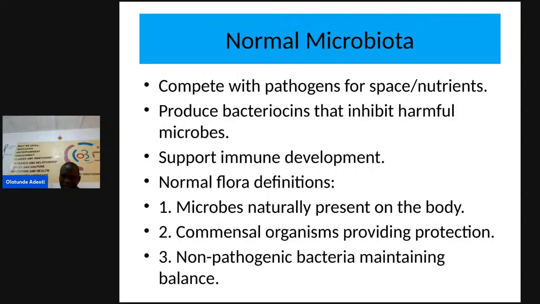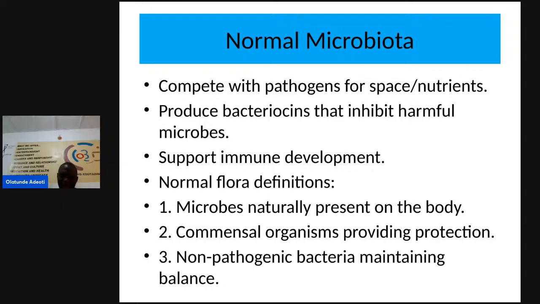Some of them, like in the skin, we have Staphylococcus epidermidis. We have others naturally present on other surfaces, like in our intestine, on our skin, in the gut, in the urogenital tract, and so on. But the reason why they are there is to help us maintain certain conditions that will be intolerable for the presence of a pathogenic microorganism.